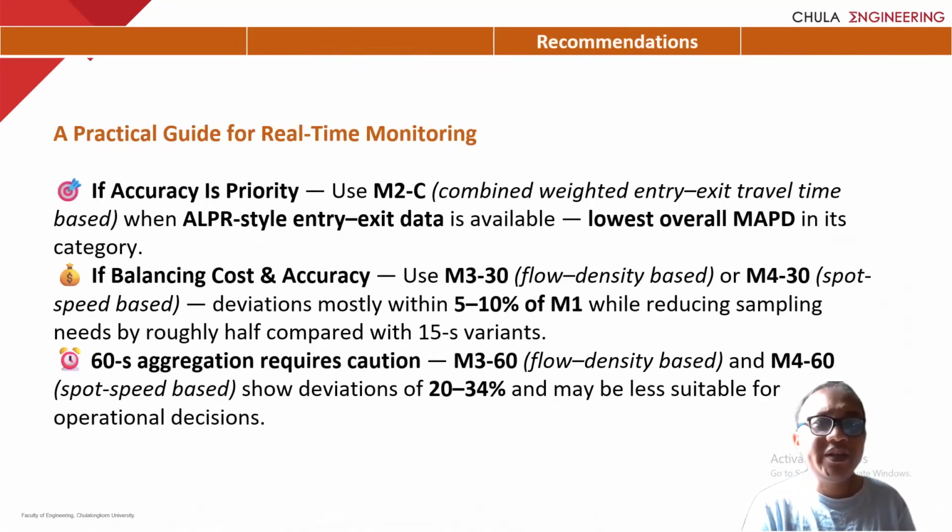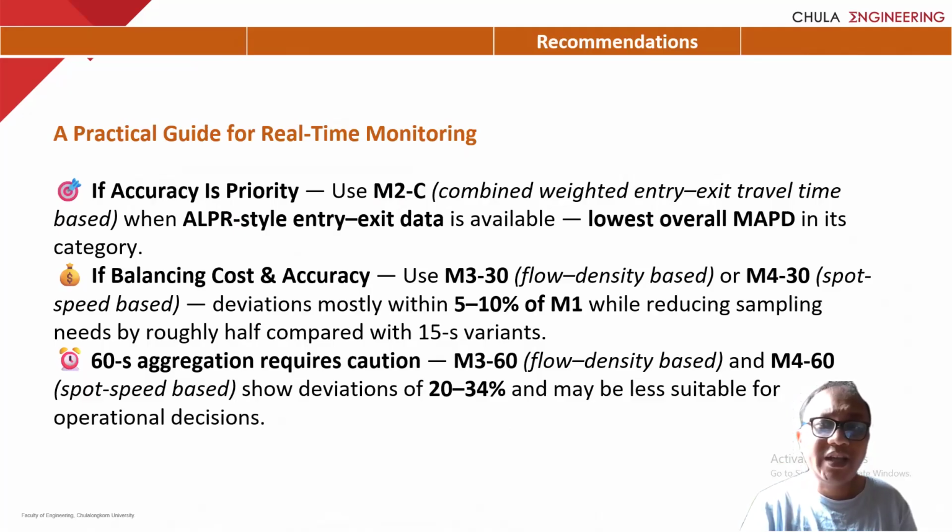If we look at the recommendation here, if accuracy is the priority, the combined weighted entry-exit travel time based method, which is M2C, resembles the automated license plate method and has the lowest mean absolute percent deviation.